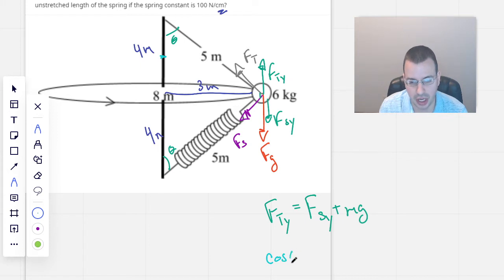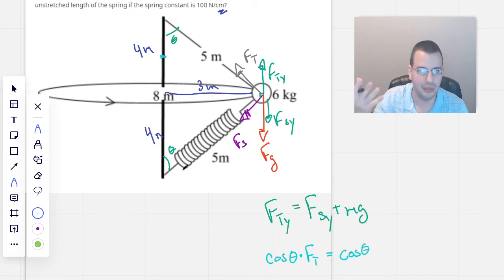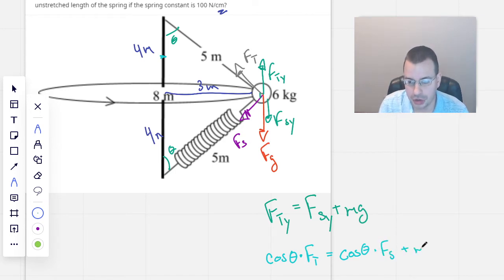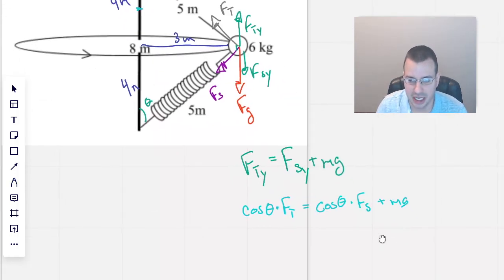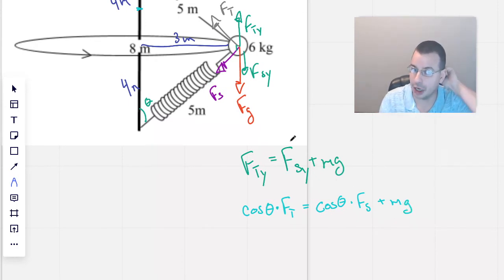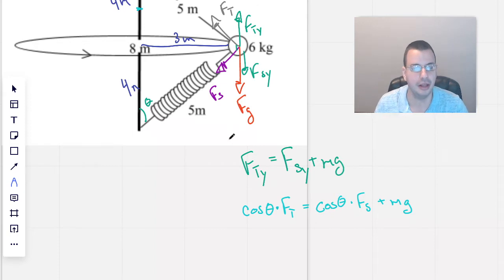So force tension y is cosine of theta times force tension, which is equal to also cosine of theta. We're using this theta here, but they're the same, times force spring. We're going to also add in mass times gravity there, because gravity is helping out the spring pull the ball down. So now, I think that's good for that part.